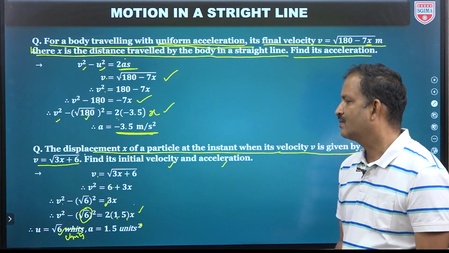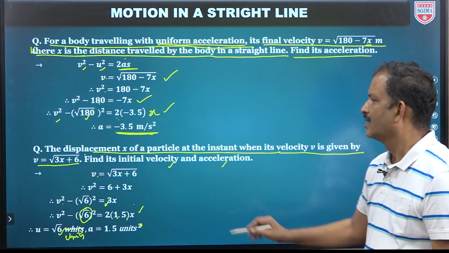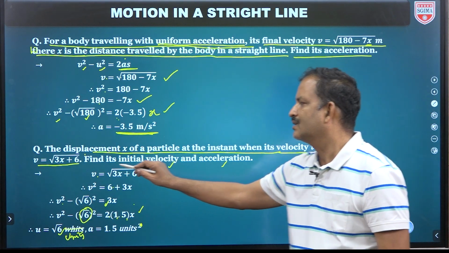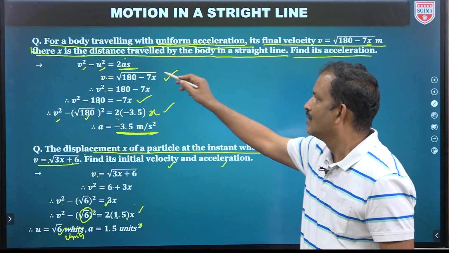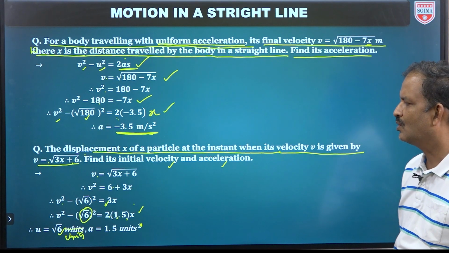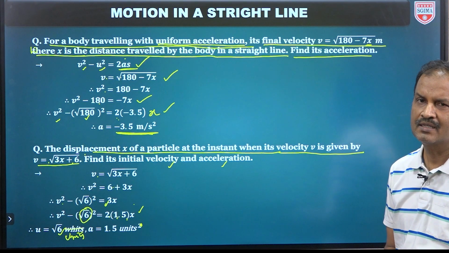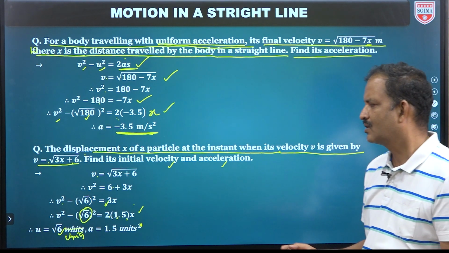In this way, we can write the formula. We are converting the given equation into this formula. Once you know the U and A, you can calculate anything, suppose velocity after t seconds, they are asking, equal to U plus AT.